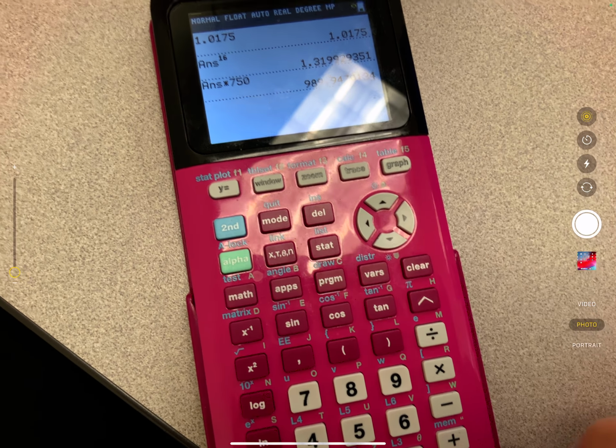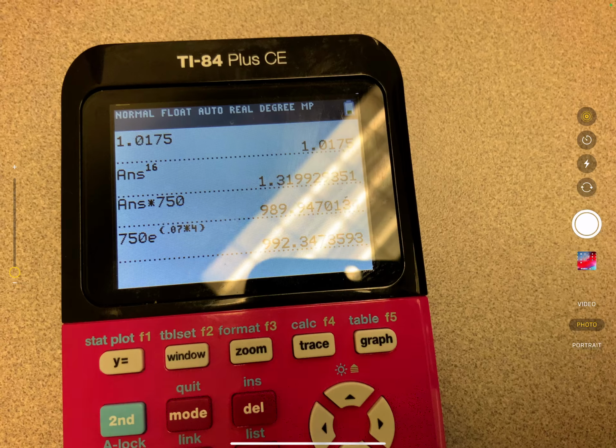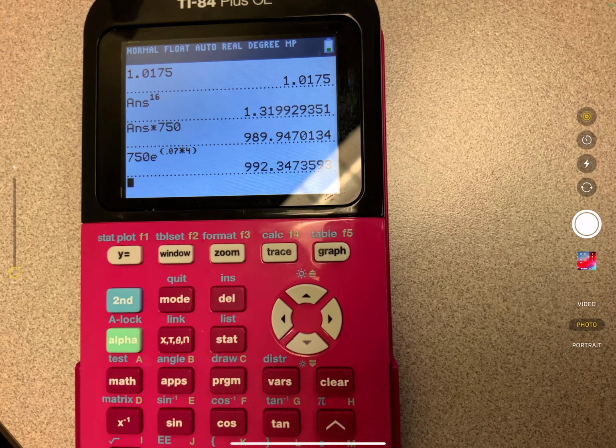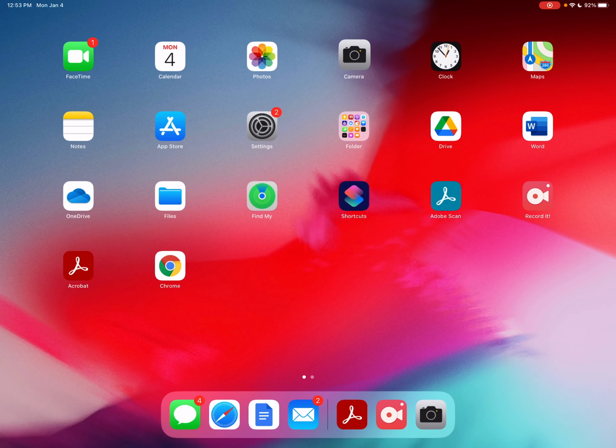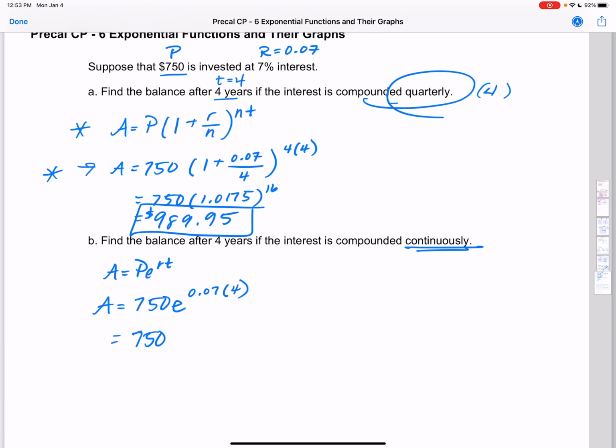And then hit enter, and you get your amount right there. Sorry for the glare. So $992.35. And that is $992.35, which is more money than here.